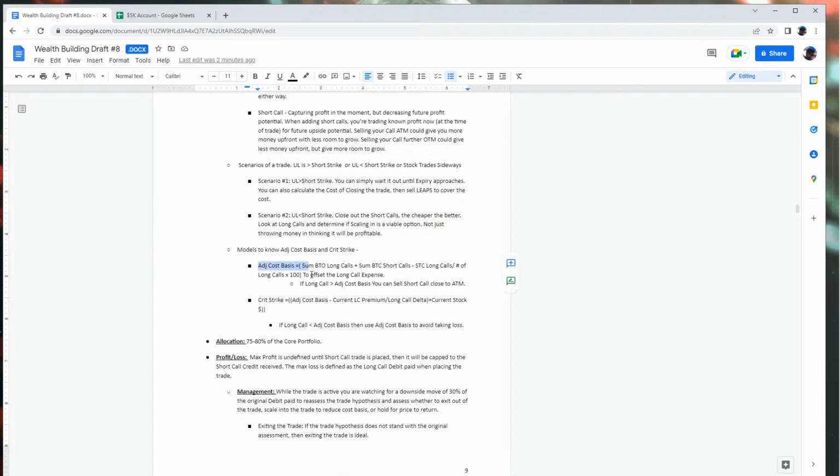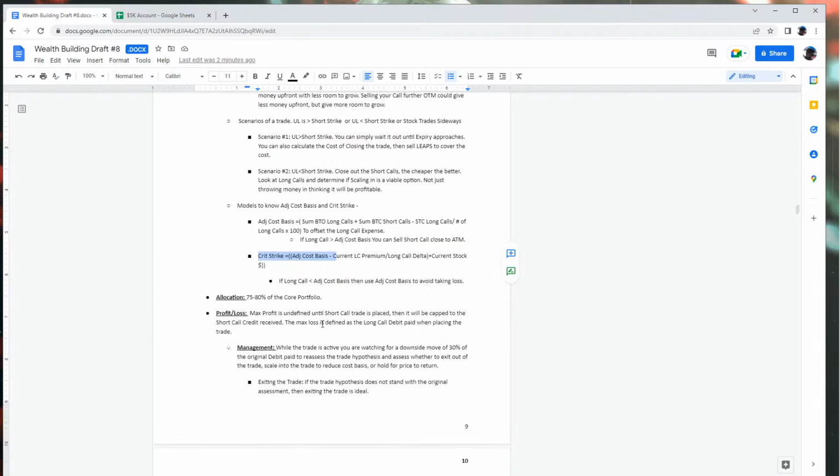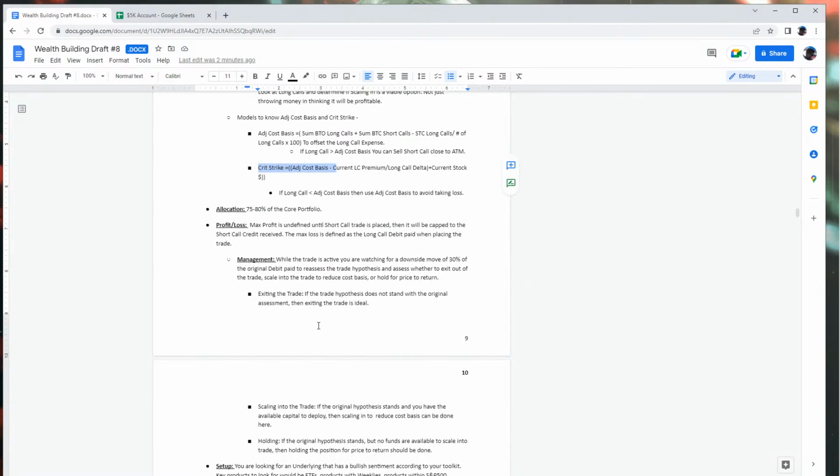So that is the adjusted cost basis and the critical strike, explained as best I can. And I mean, I'm definitely not the best, so hopefully it's somewhat understandable and followable.